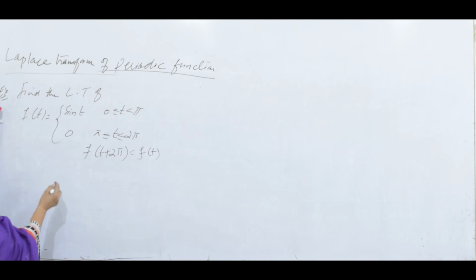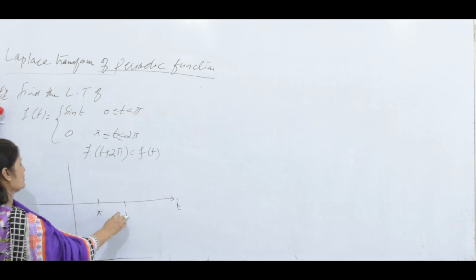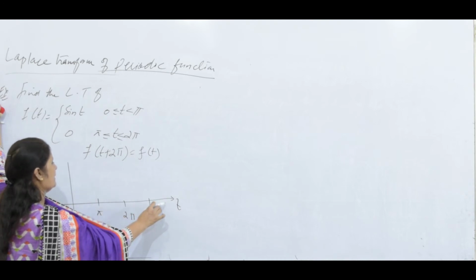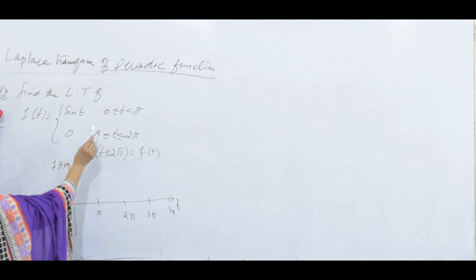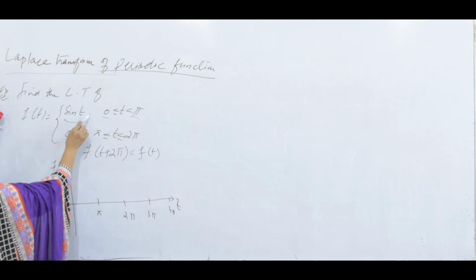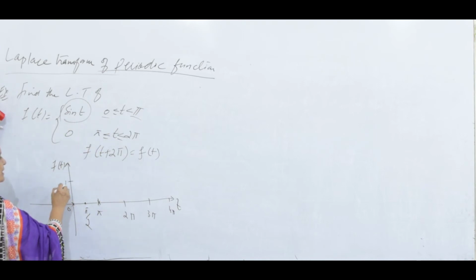Just imagine, you will see it is half wave rectification. This is t, this is pi and this is 2 pi, this is 3 pi, 4 pi, and this is 0. Here f of t. When t lies between 0 and pi, the value of the function is sin t. Let me sketch. When t is 0, sin is 0. When t is pi, sin is 0. Let me have in between pi by 2. When t is pi by 2, sin is 1.